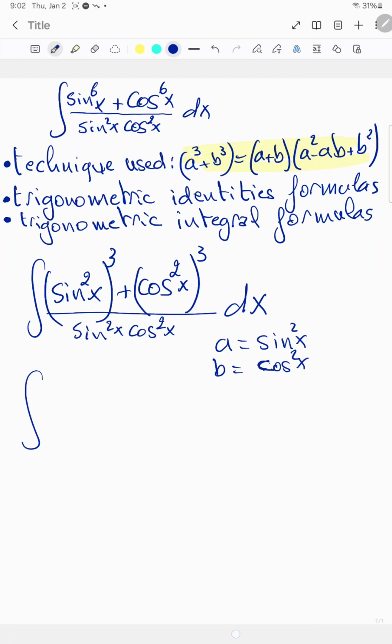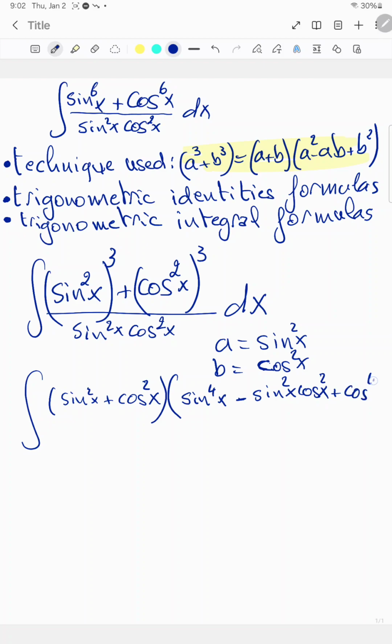So a plus b becomes sine square of x plus cosine square of x, times a squared, which is sine to the power of 4 of x, because sine to the power of 2 squared is sine to the power of 4 of x, minus a times b, which is sine to the power of 2x cosine to the power 2x, plus b squared, cosine to the power 4 of x, divided by sine square x cosine square x, all multiplied by dx.